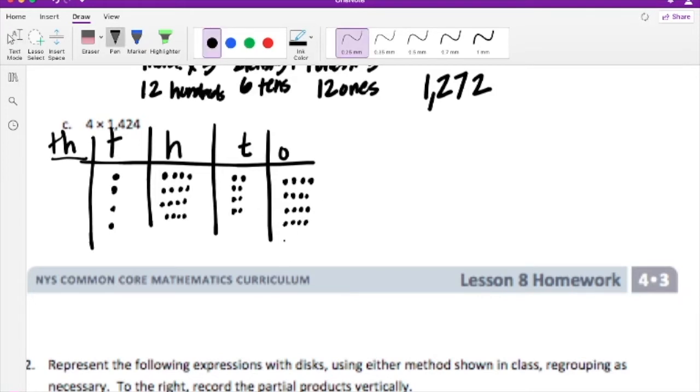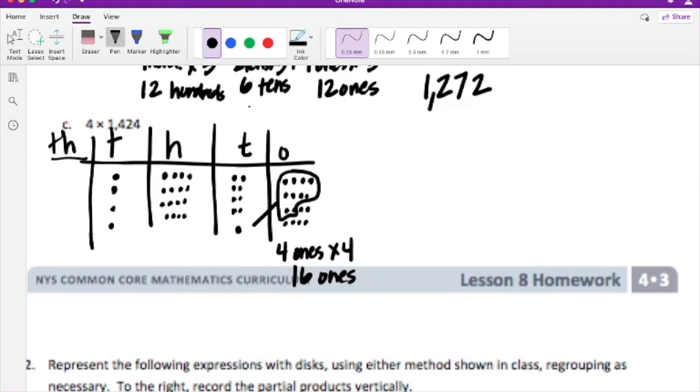So for the ones, I have 4 ones times 4. That's 16 ones. So I can regroup here. I'm going to move that over.